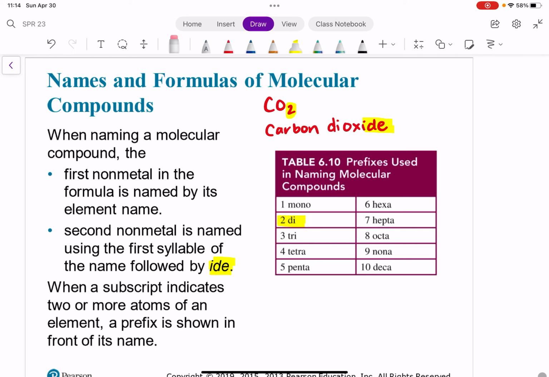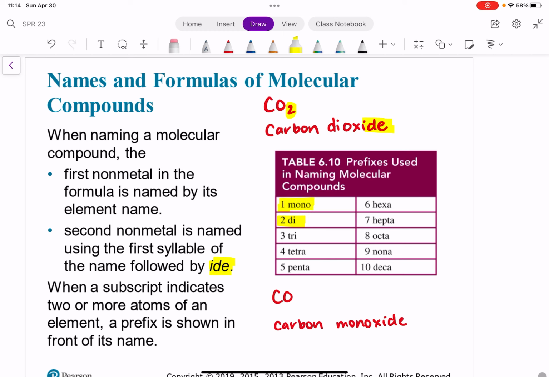Okay, I hope that makes sense. What we also do is think about carbon monoxide. So carbon monoxide is how we write that. Why do we put that mono there? Yeah, to show that we have one of our oxygens.